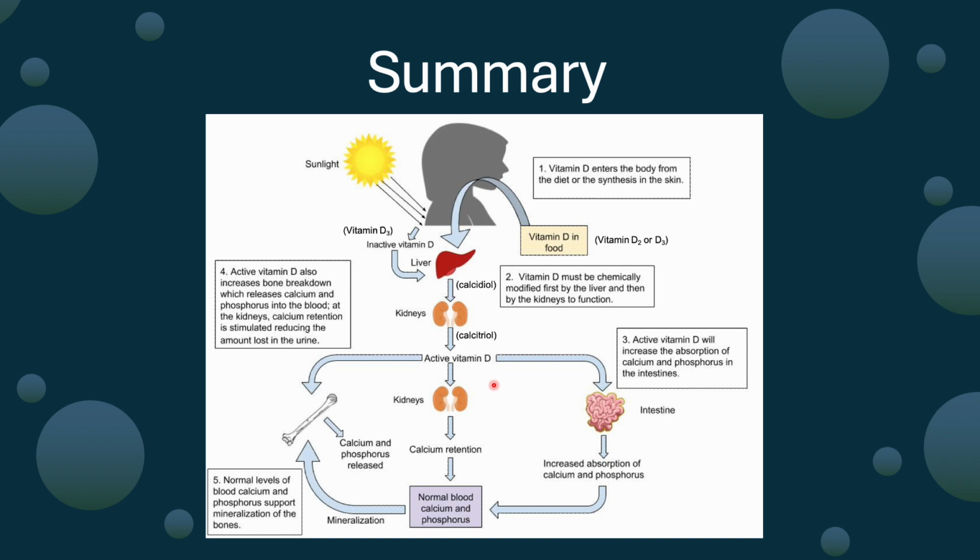We have decreased bone mass and muscle mass, both of which are going to be significantly detrimental, especially in the older population where strength and bone mineral density is really important, especially protecting against falls. And then we also have other issues such as hyperparathyroidism, where our parathyroid glands are going to try and compensate for the deficiency in vitamin D.